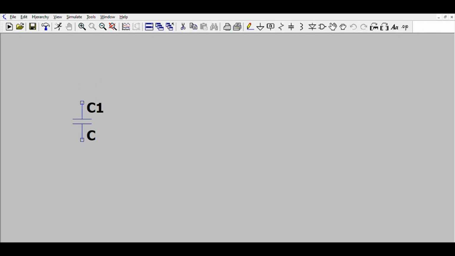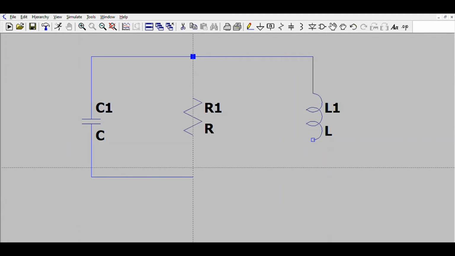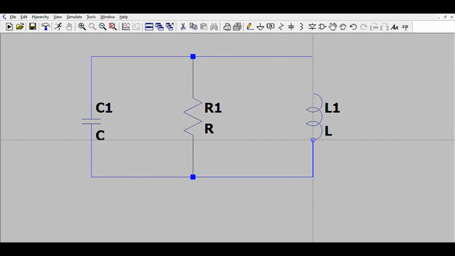Alright, so we have this capacitor in parallel with this resistor, in parallel with this inductor. We are going to line all these up. And then LT Spice freaks out if you don't put a ground. So you got to put a ground.